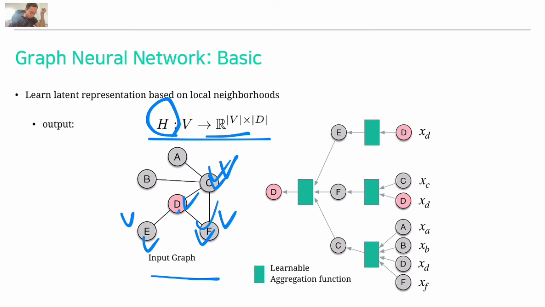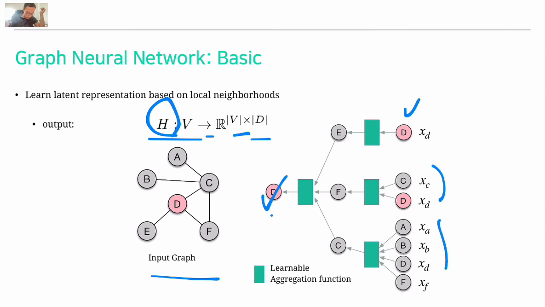So let me clarify my explanation here. To decide the representation of D, at the first layer we got the representations of all nodes, right? D and C, D and A, B, D, F. And they have their own representation in the latent space, right?